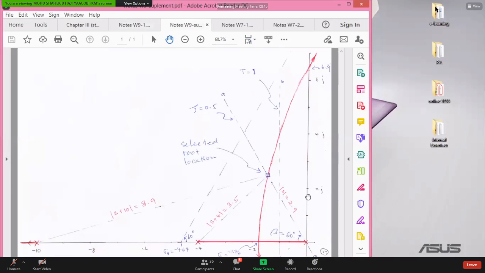But make sure that you use the same scale for the imaginary axis and the real axis. If it is 1 centimeter for 1 unit for the imaginary axis, you must use 1 centimeter for 1 unit for your real axis as well. Otherwise, the angle will be meaningless. See, the angle 60 degrees will be meaningless. Of course, you need to draw that using the graph paper.